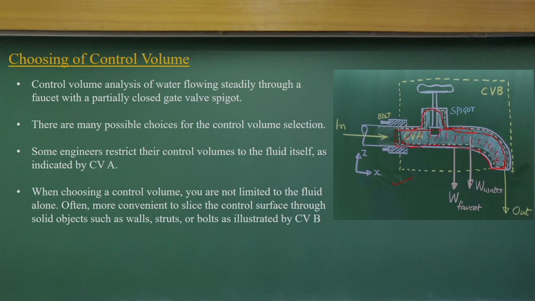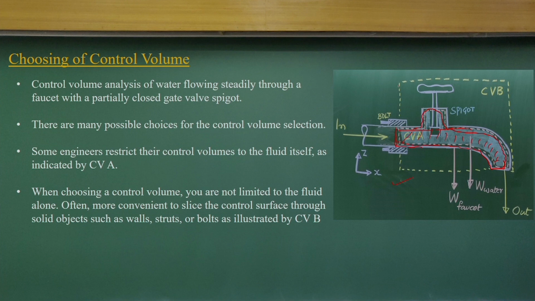We do not know what the stress acting over the surface is, that is unknown to us. Also we do not know the pressure distribution at this point. So when you draw this type of control volume, where over this control surface we do not know these, we cannot solve the problem.